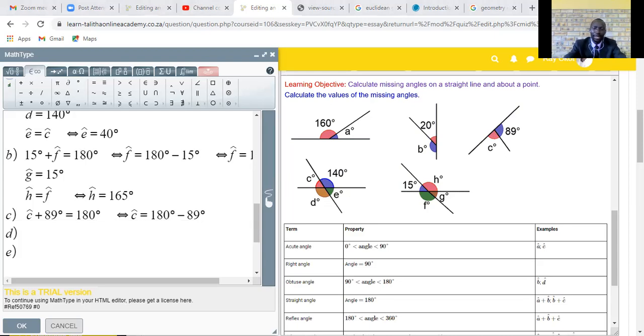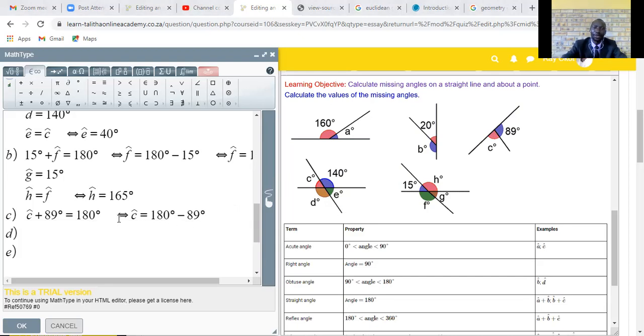But let's make it a little bit easy. We are going to use a calculator to solve that. So we say in our calculator, 180 degrees minus 89 degrees, that would give us 91.